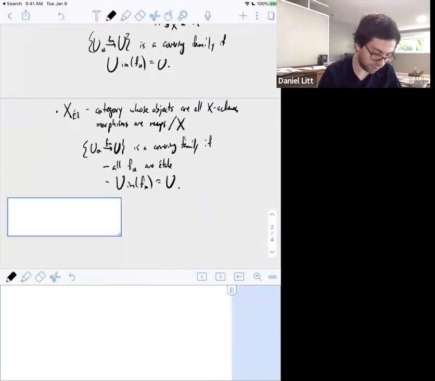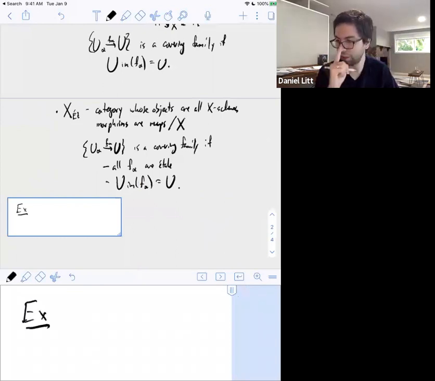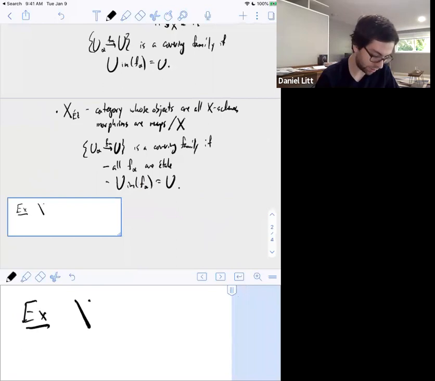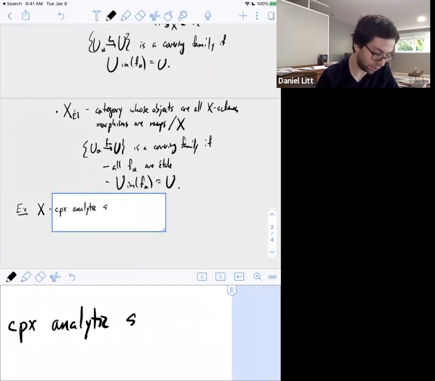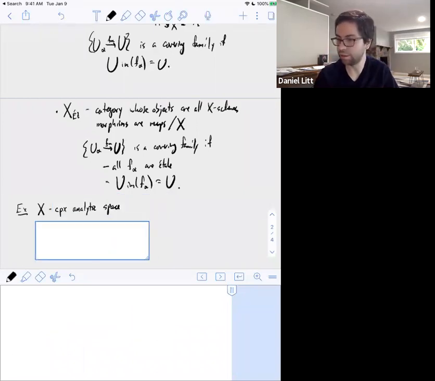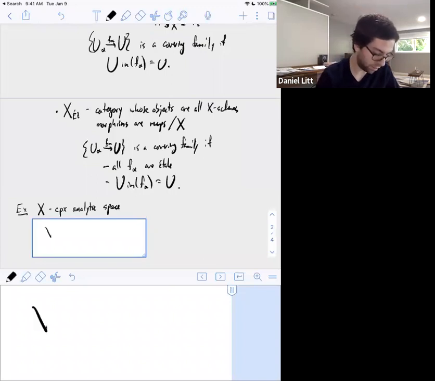Okay, let's do some more examples. So suppose X is a complex analytic space. If you don't know what that is, you can just think a complex manifold. So then there's the analytic Étale site.